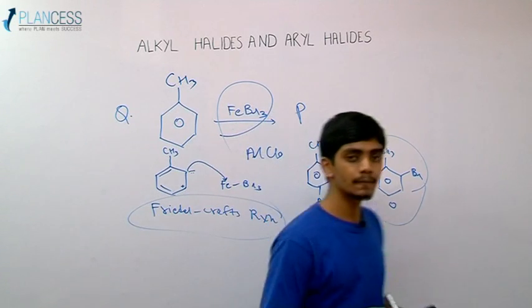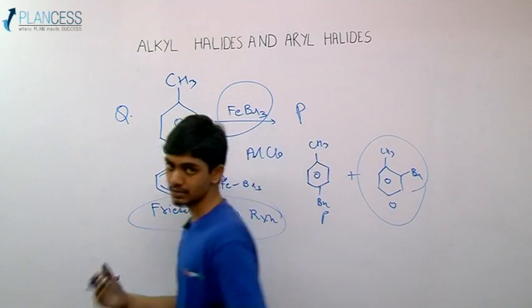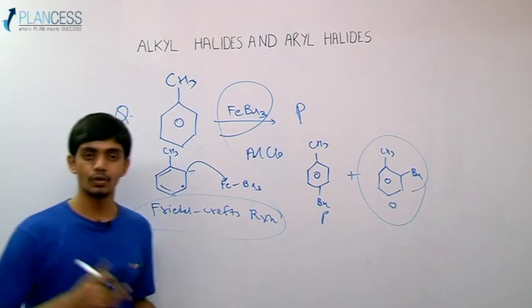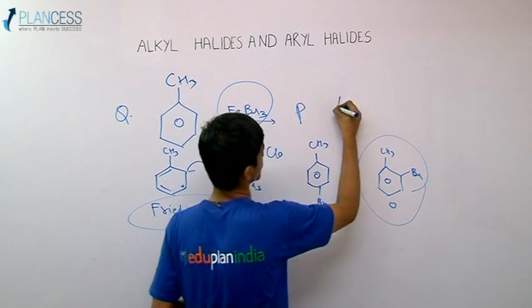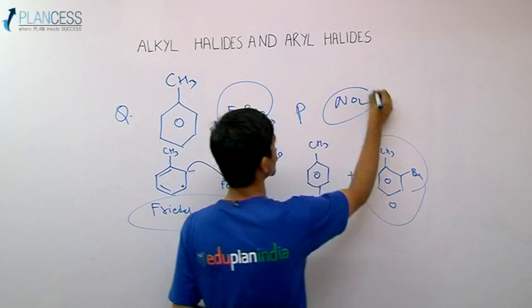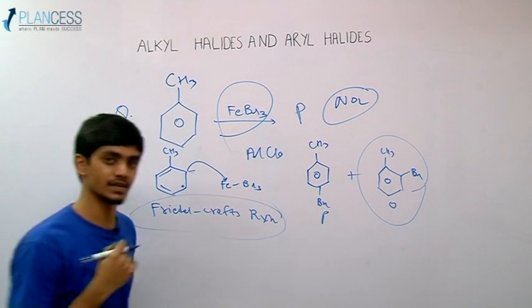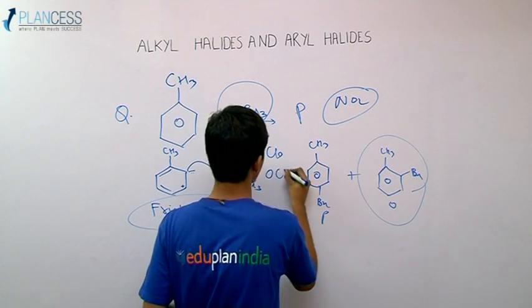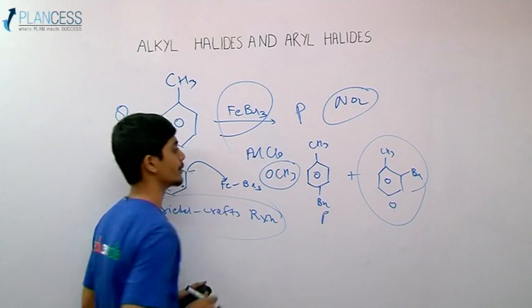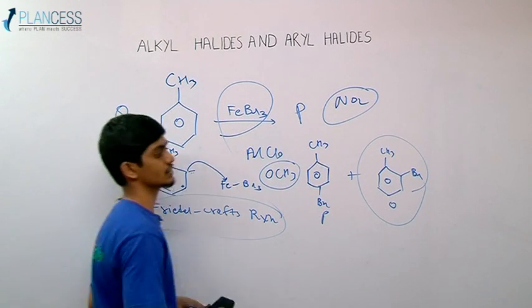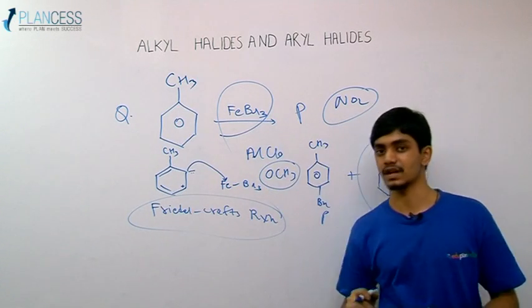Now this CH3 can be replaced by several groups, for example OH, COH, and even NO2. Activating groups definitely increase the activity of the benzene ring, especially OCH3. This increases the activity of the benzene ring immensely, and the reaction is very fast, this Friedel-Crafts reaction.